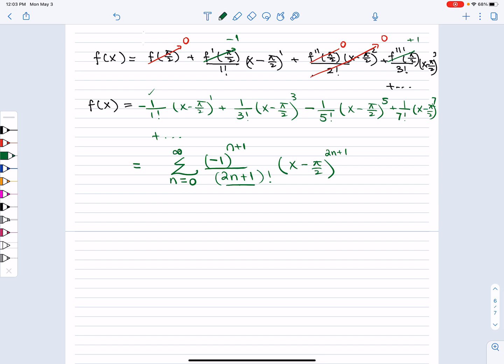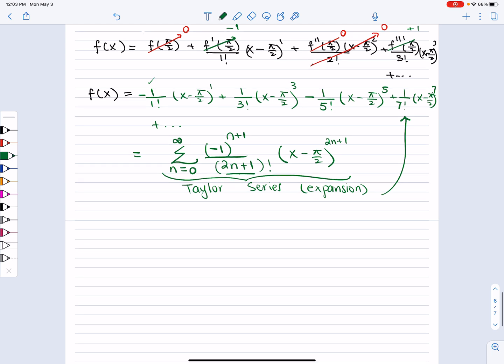I'll write it down. Taylor series expansion. And I call it the expansion because if you were to expand, you would get something that looks like that. So we have a Taylor series expansion, and this Taylor series is centered at a, where a is pi over 2.